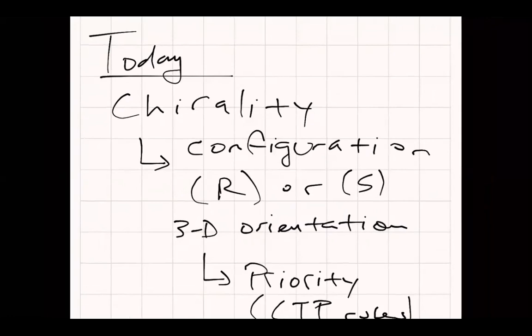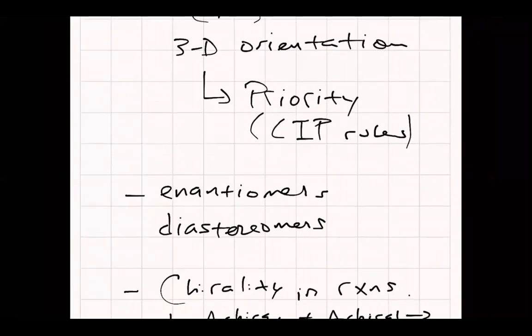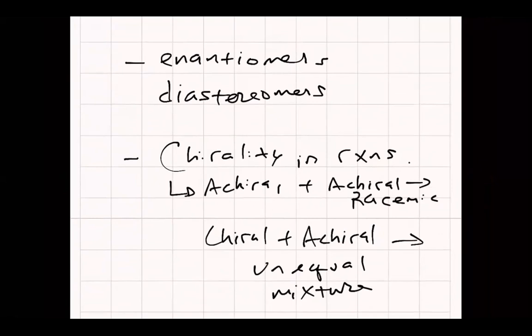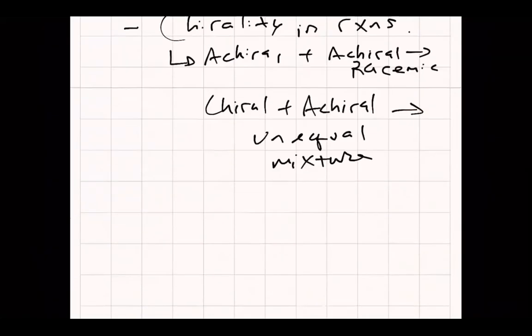So anything that contains a chiral center is going to have a specific configuration. And in order to determine the configuration, you have to know the priority of your groups, which we're going to work on a little bit today. And then as a consequence of chiral centers being present, you can have enantiomers or diastereomers, which we're going to talk about. Hopefully you watched the video and this is not foreign to you. And we're going to talk about those reactions.